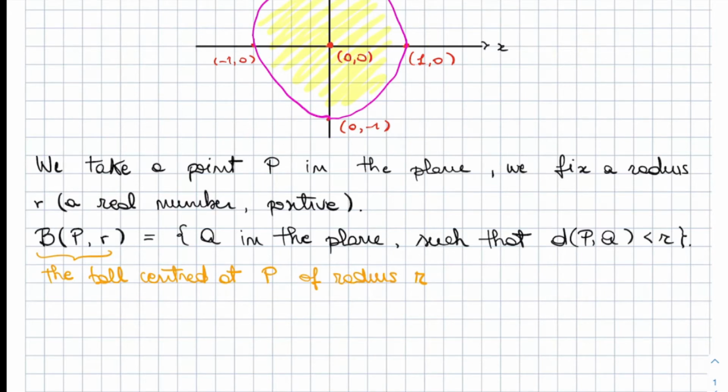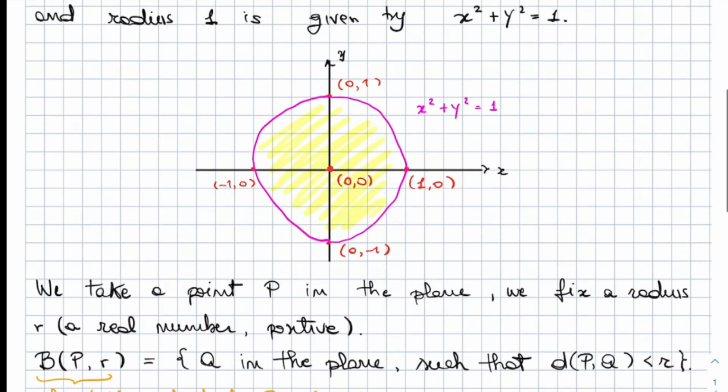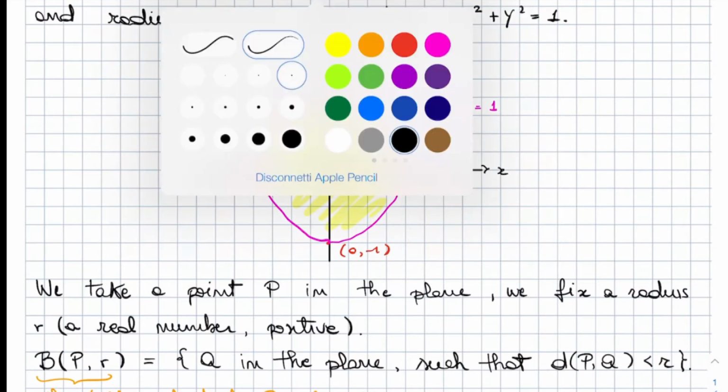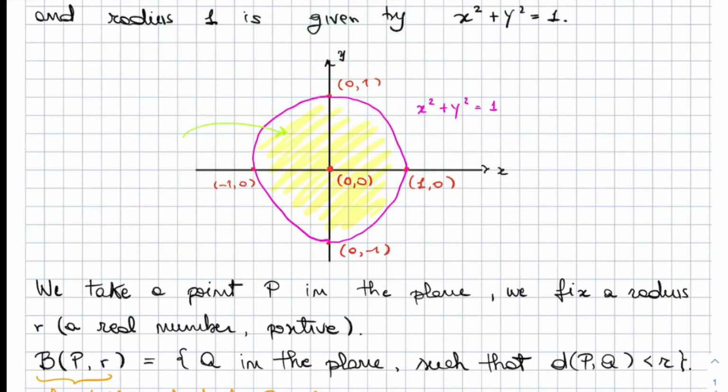So if we come back to this example, then the points inside this circle coincide with the ball B((0,0),1), which are exactly the points that have distance from (0,0) less than 1.